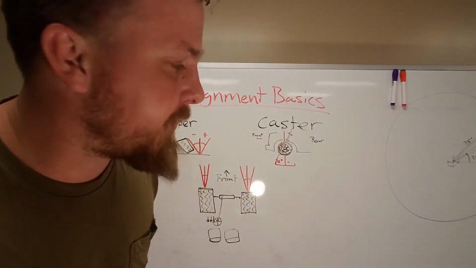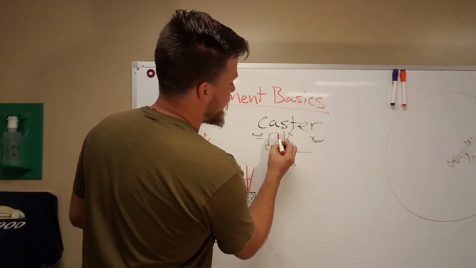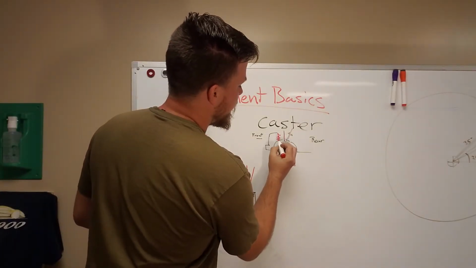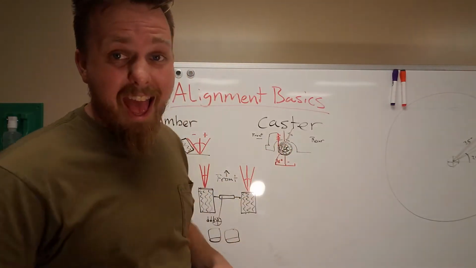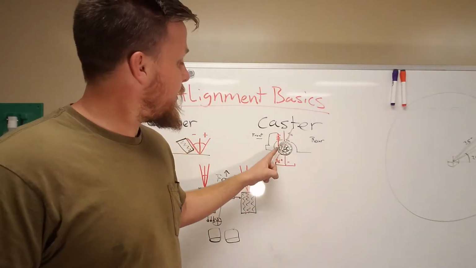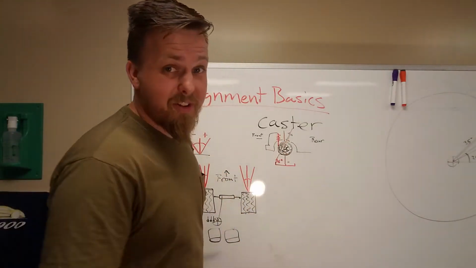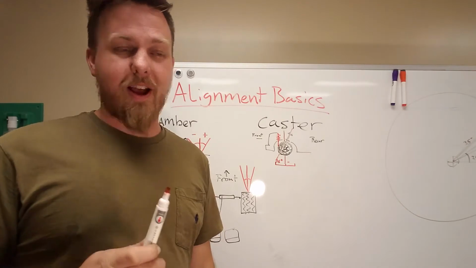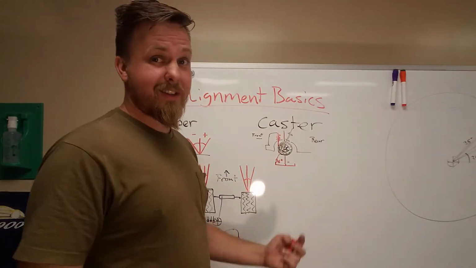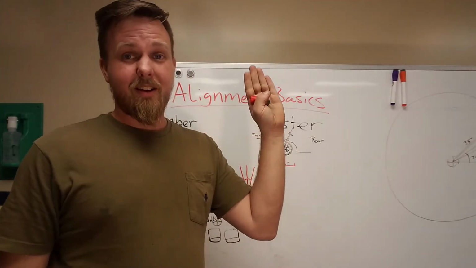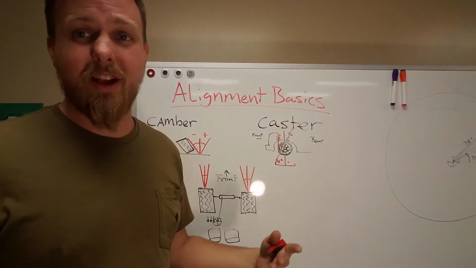Now, a good example of this is that you can actually put your strut, all right, let's put a strut here. Say your strut's mounted ahead of your wheel, but it's mounted vertical, straight up and down. Some people would think that because the strut's not laid over at a lean, you would not have any caster, and that would be terrible.